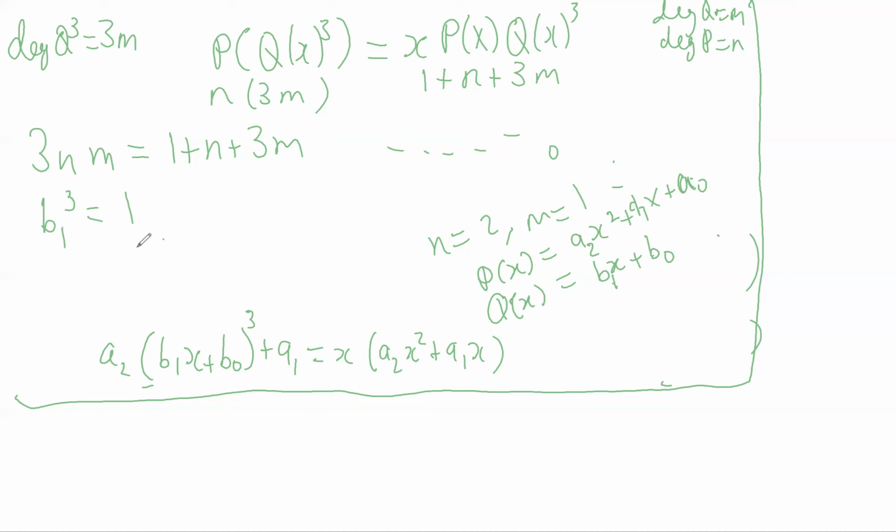To get the constant term, we have a2 times b naught cubed plus a1 equals 0.